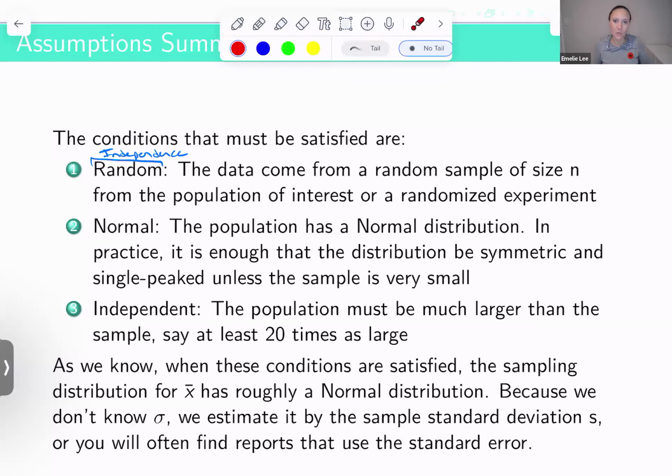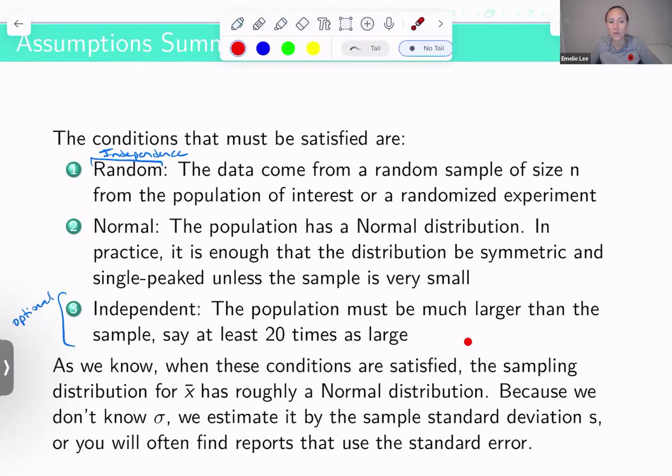And so when you're looking at those histograms, you want to be really flexible. This next one, I tend to skip; it's optional. The population must be much larger than the sample. We've seen that in the n less than 10% condition, right?